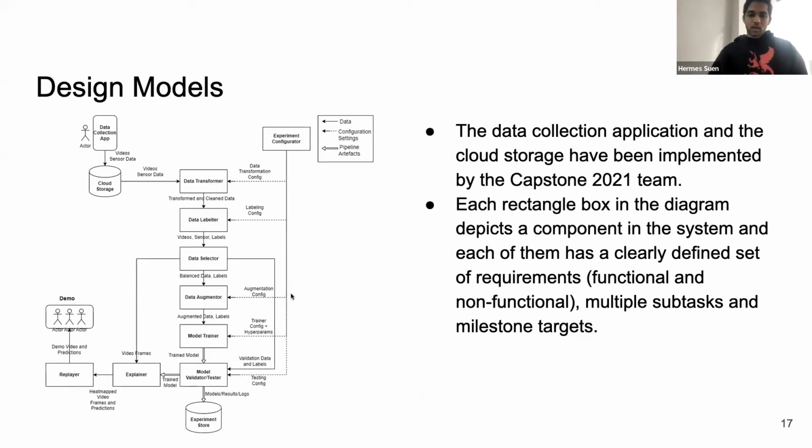As you can see, all the rectangles here represent each of the submodules that we have in our pipeline. The cloud storage and data collection app were created by the previous year's Capstone team, and we're building over that. Each of these submodules, apart from these two, have their individual subtasks and milestone targets and requirements, functional and non-functional.